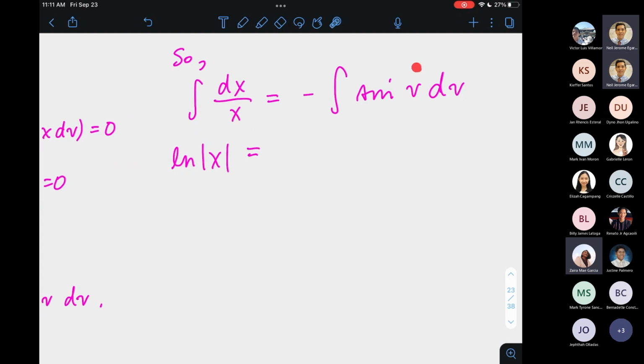Tapos integral ng sine v. Anong integral ng sine v? Ang integral niya ay negative cosine. Tama ba? Kasi ang derivative ng negative cosine ay negative ng negative sine, sa positive sine. Right? So this integral is negative cosine v, pero may negative sa labas. So that would be positive cosine v plus the arbitrary constant c.